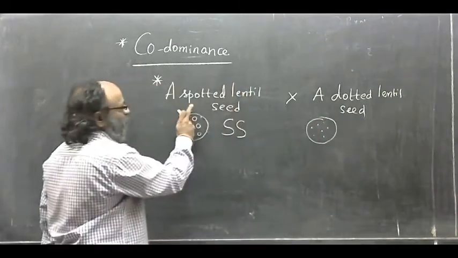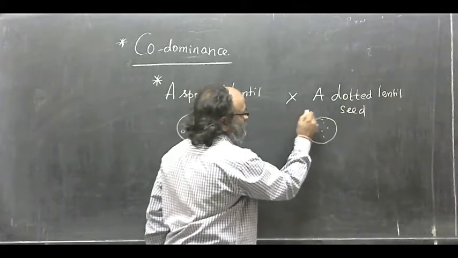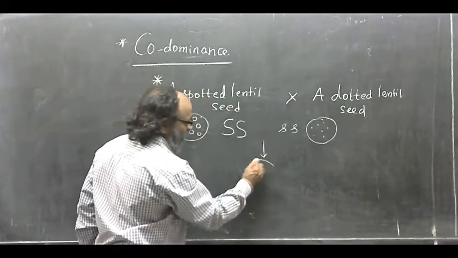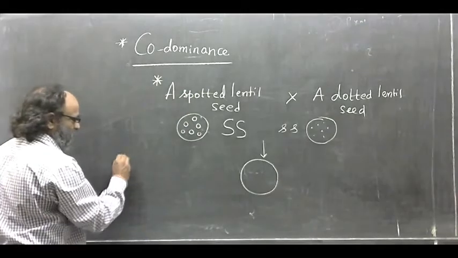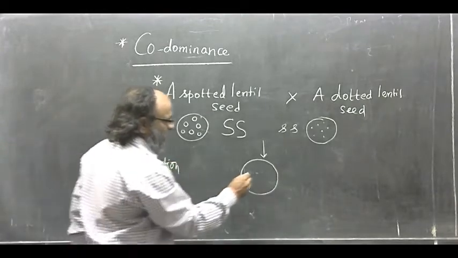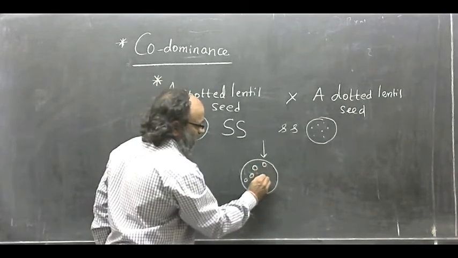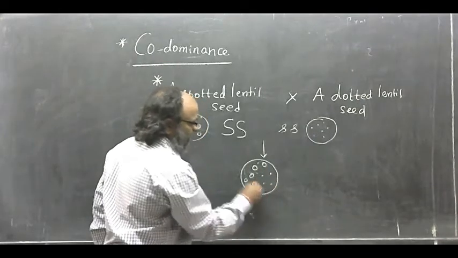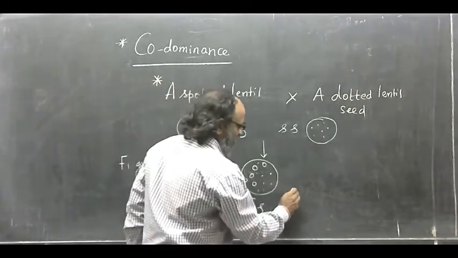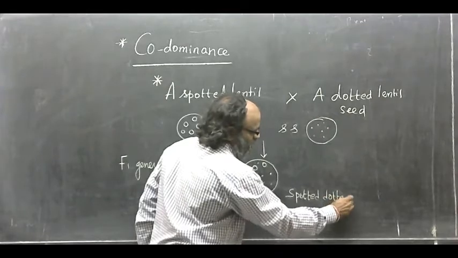So when a cross is made between a spotted lentil seed with a dotted lentil seed, that is the smallest, the offspring of F1 generation showed both spotted and dotted features.